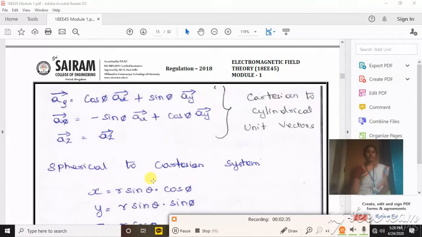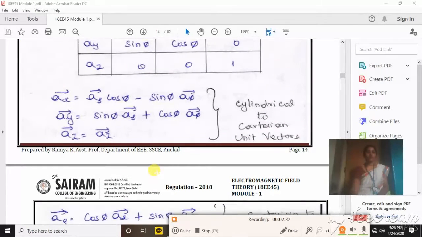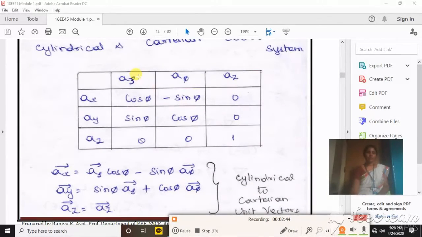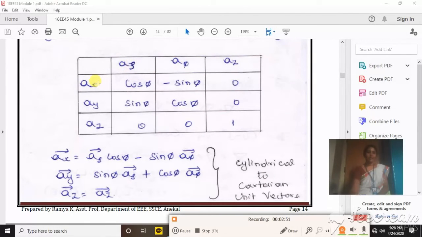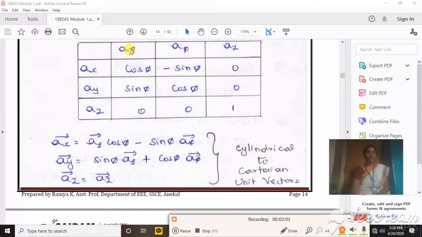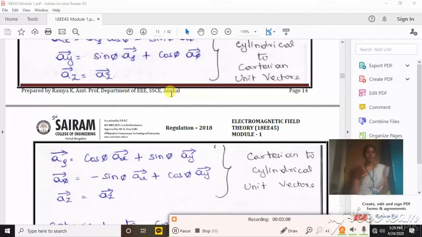And if you want to convert Cartesian to cylindrical, you can write a rho is equal to ax into cos phi plus ay into sin phi. If I want to write a rho in terms of ax, ay, az, that is Cartesian to cylindrical, I can write a rho is equal to cos phi into ax plus sin phi into ay.